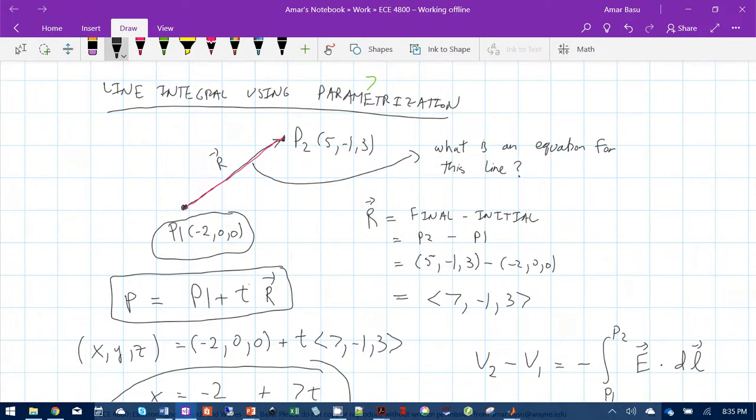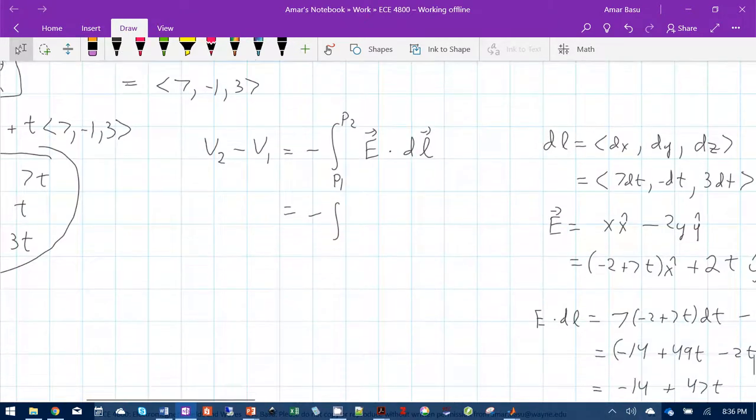Because remember, when t is equal to 1, you're basically going from P1 and adding 1 times that vector r to it. So that will take you to P2. So our limits of integration also have to be in terms of t. So t equals 0 to t equals 1.